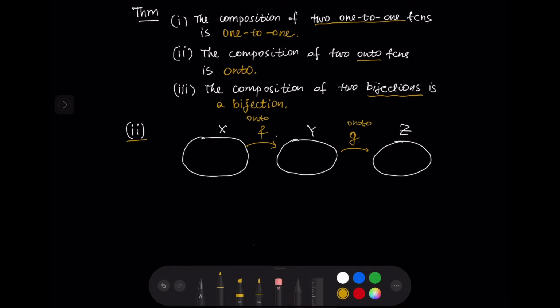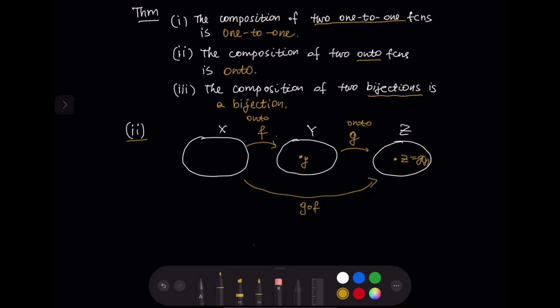So we want to show that the function g composed with f is onto. So let us take a point z in the set capital Z. Because the function g is onto, there will exist y in the set capital Y such that z is equal to g of y. So this is just by the definition of onto function.